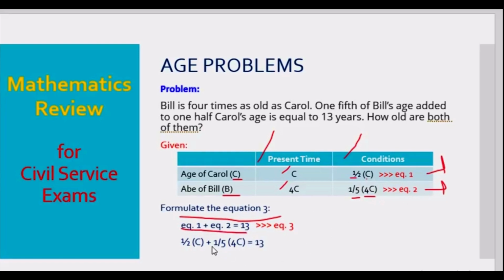So, supplying the data, 1/2 of C, the Carol's age, plus 1/5 of Bill's age is equals to 13. So, these two are the given conditions. Okay. So, intindihin nyo na maigi yan.